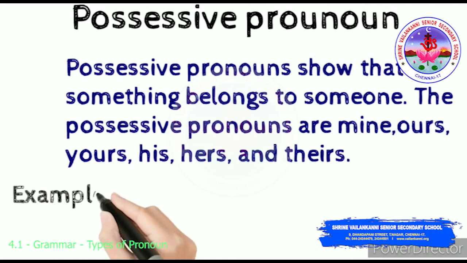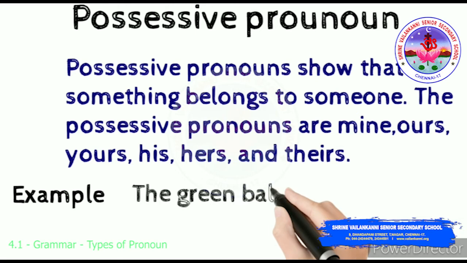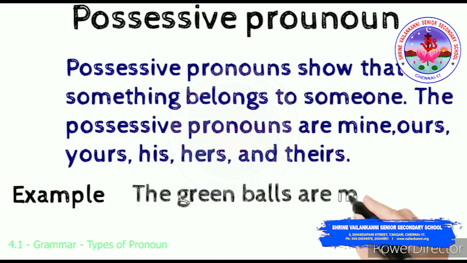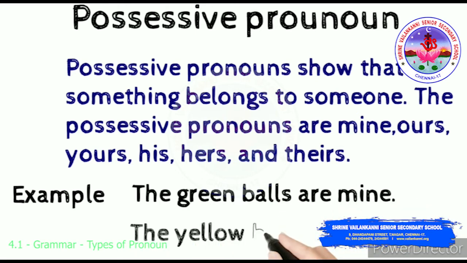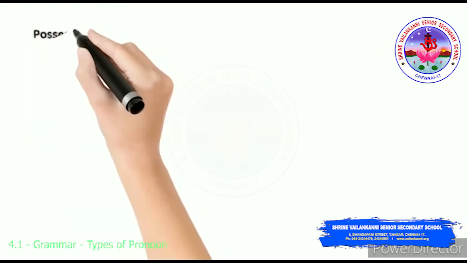For example, the green balls are mine, the yellow balls are yours. I didn't use mine and yours before a noun or after the noun. I just use them with the verb.